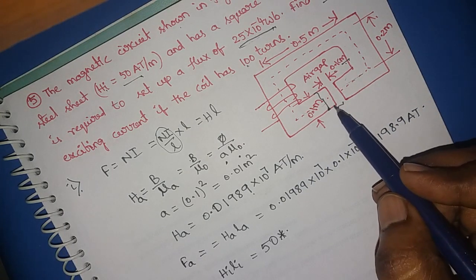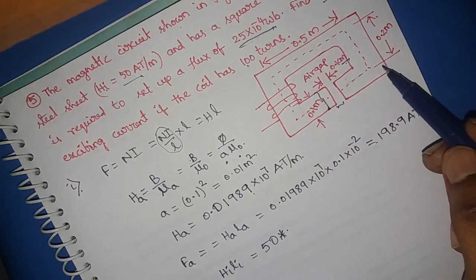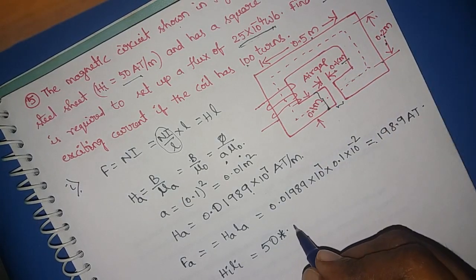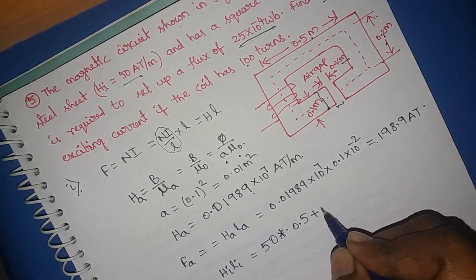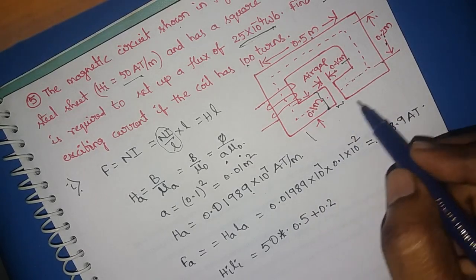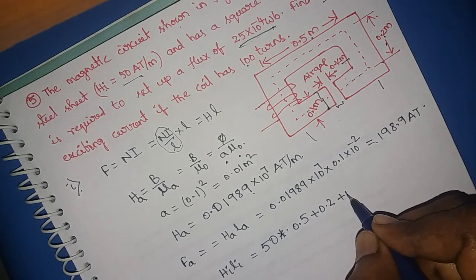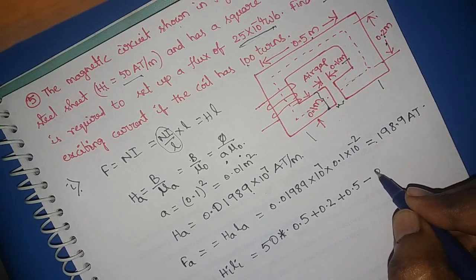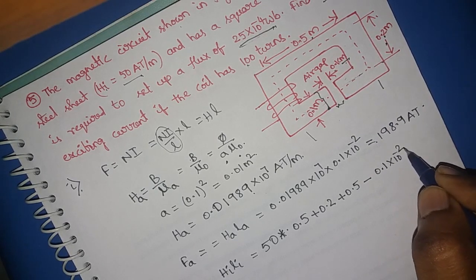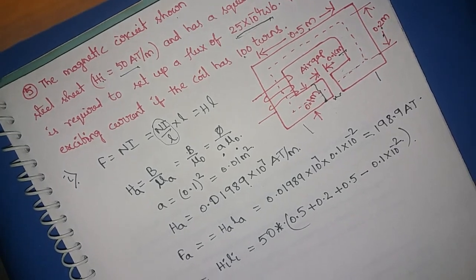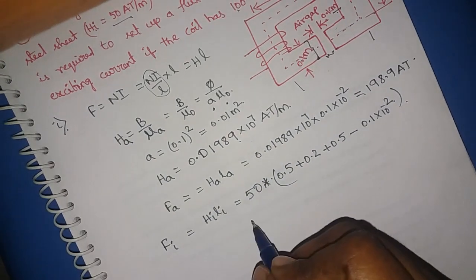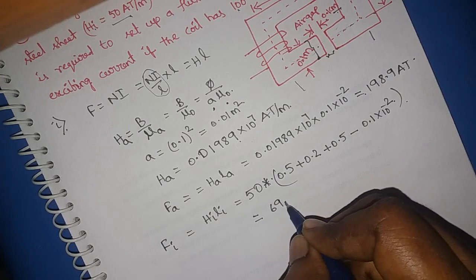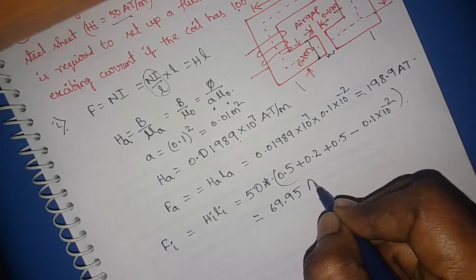Here the distance is 0.5, and here it is 0.2, so 0.5 plus 0.2. Again, this will be 0.5 plus 0.5, but you need to subtract 0.1 into 10 power minus 2. If we calculate this value, Fi is given by 69.95 ampere turns.